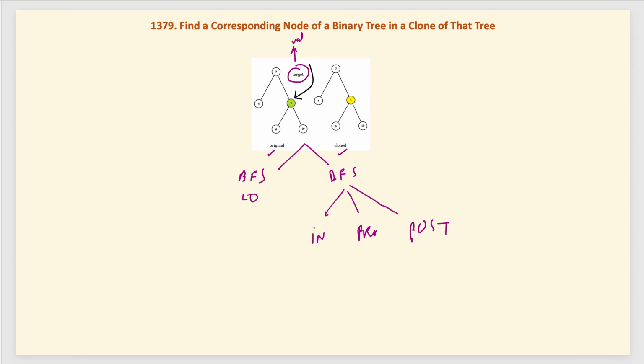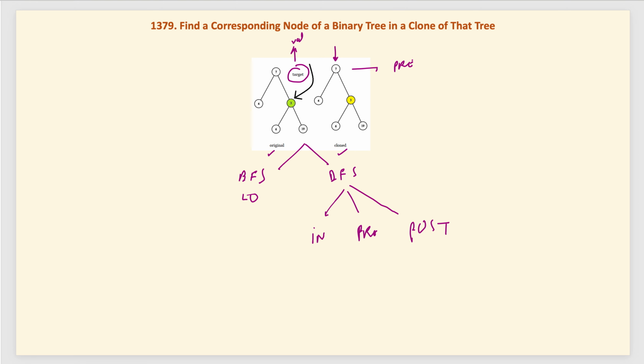For DFS, as we know all the nodes have unique values, we just look for the value corresponding to the target node in our clone tree. We start from here and compare first, so it will be a pre-order traversal.